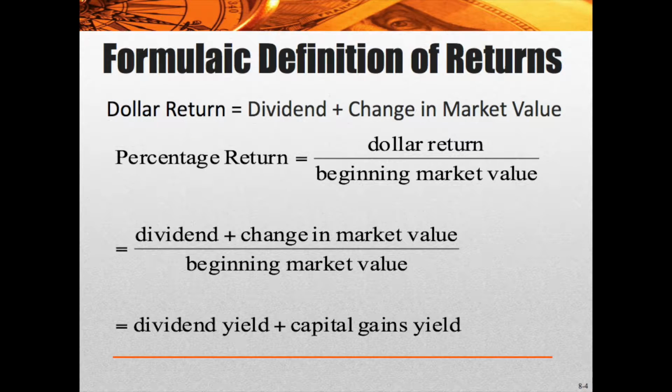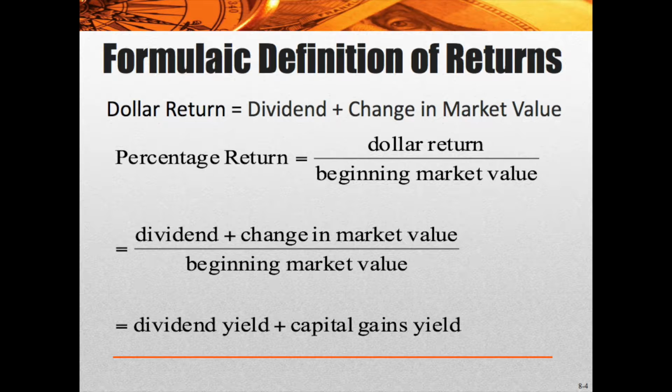That would be your return. Now, the percentage return is the dollar return divided by the beginning market value. The dollar return, remember, from the little formula right above it, is the total of your dividends plus the total of your capital gains return. So whatever money you made on it or lost on it, divided by the initial investment, is your return.